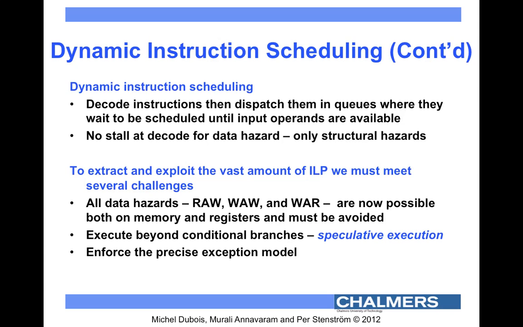As we said, there are standards, for example, for floating point operations, that assume a precise exception model, so we will have to deal with that as well. So there are lots of challenges, but we will take them one by one and see how we can build a very effective pipeline that doesn't only rely on the compiler's ability to schedule code efficiently.